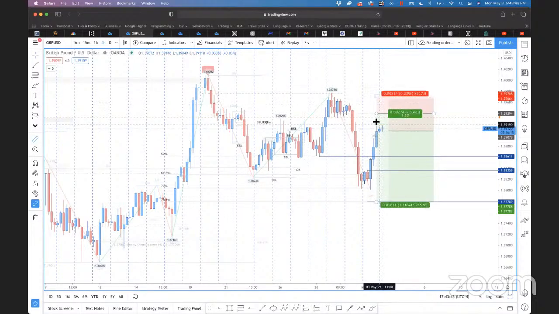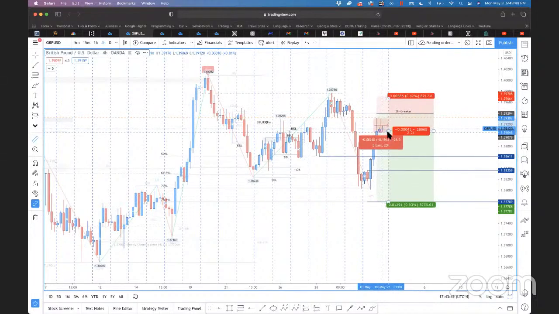this entry from where it dropped from was already 30 something pips right here. Actually, it was more than that. Yep, about 30 pips, roughly.